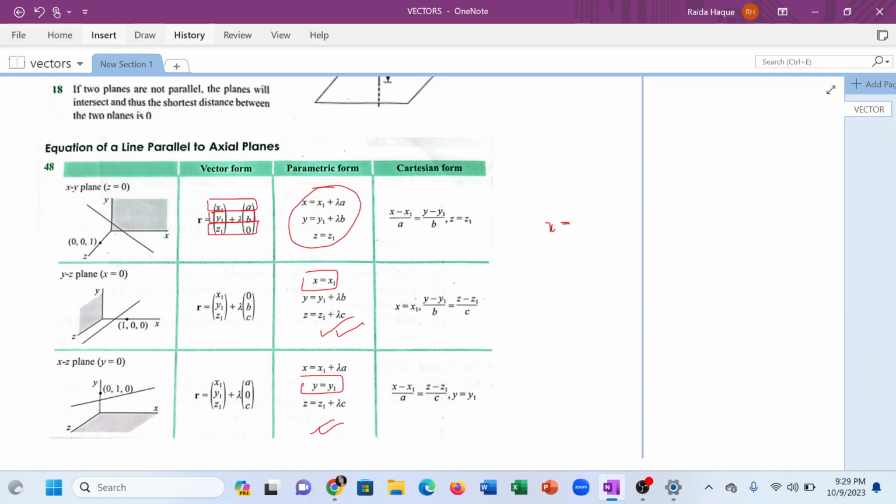Since they're not passing through the x-axis and the y-axis respectively, their values are always 0 in the direction vector, so the position vector always remains. Following a similar procedure, we get this.